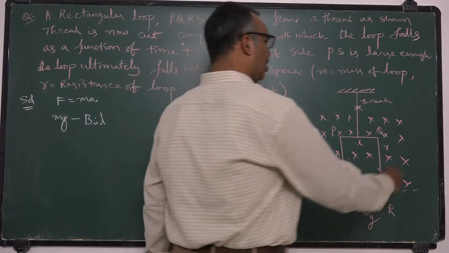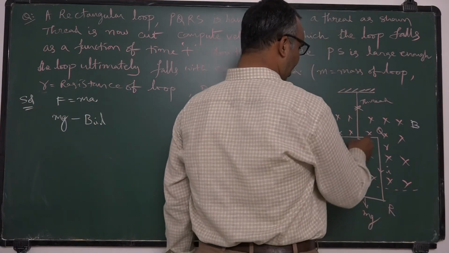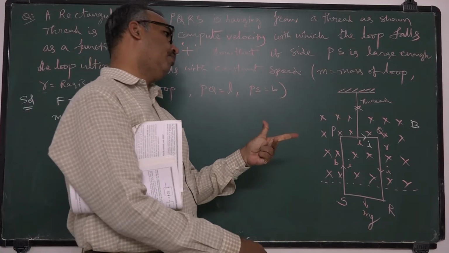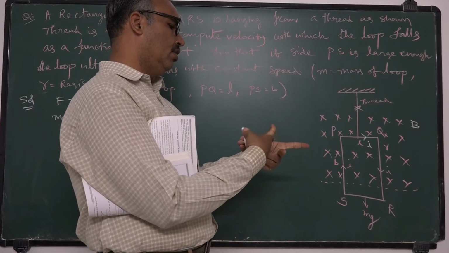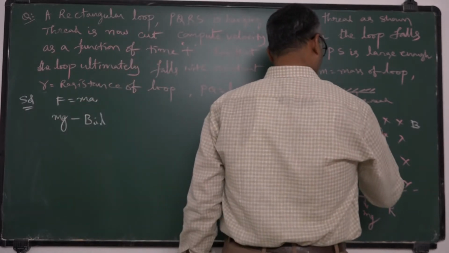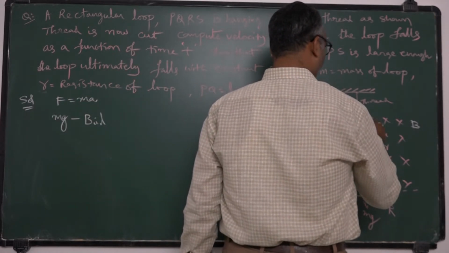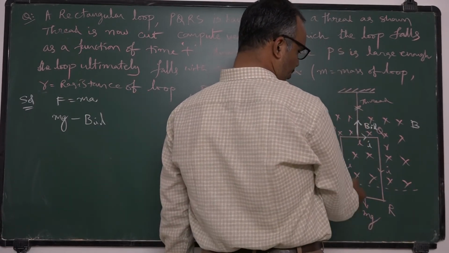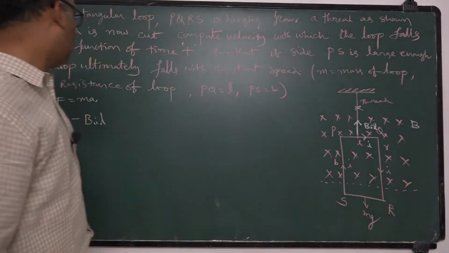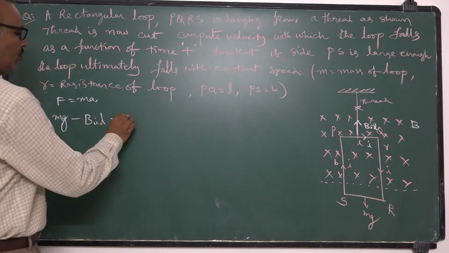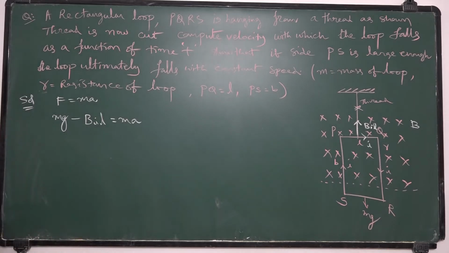Since the strength of the magnetic field is B, and the current is going in this direction, as per Fleming's left hand rule, the field is into the paper, so it experiences a force in the upward direction, BIL. BIL force wants to lift it up, weight wants to make it move down. Net force acting is mg minus BIL, as mg is greater than BIL. That must be equal to ma.